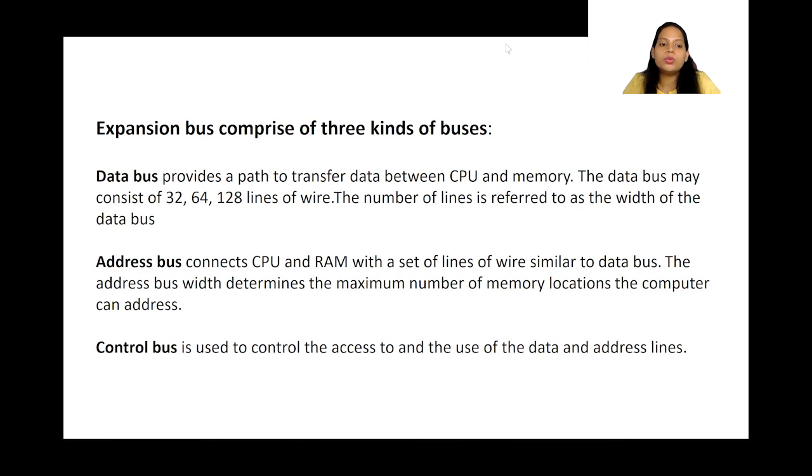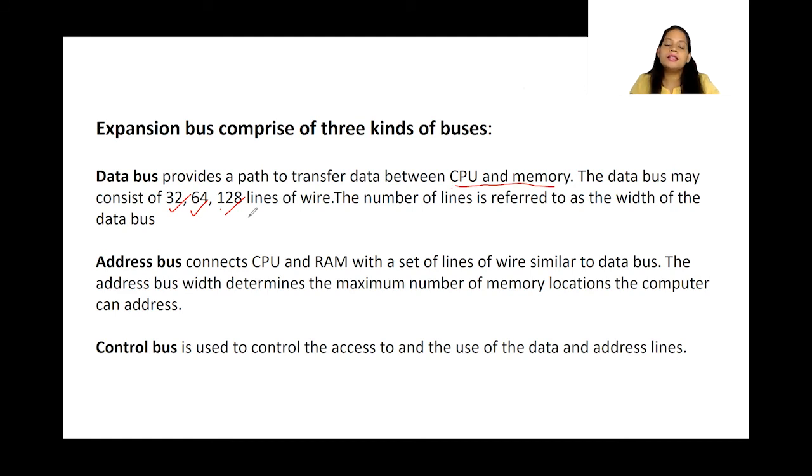Now what do they do? Data bus provides a path to transfer data between CPU and memory. The data bus may consist of 32, 64, or 128 lines of wire. The number of lines is referred to as the width of the data bus.